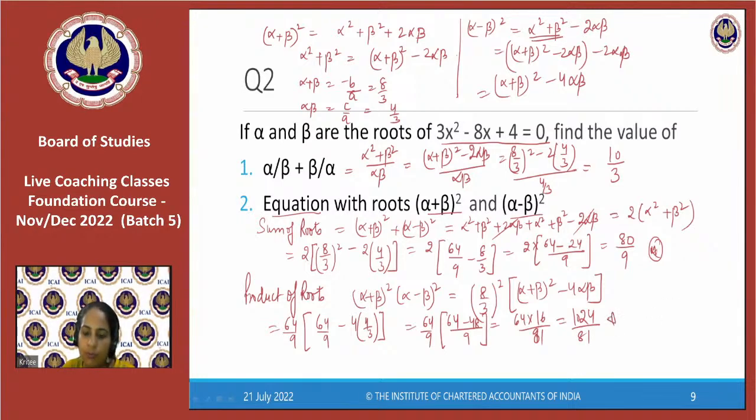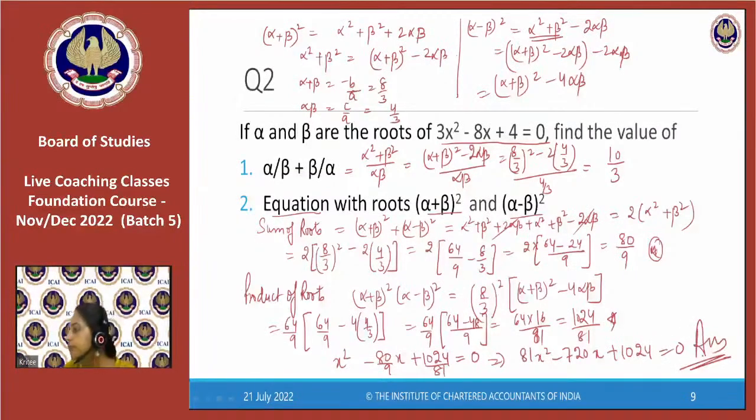This is your product. So your equation is x square minus 80 by 9 x plus 1024 by 81 equals 0. Take the LCM. 81x square minus 720x plus 1024 equals 0 is your answer.